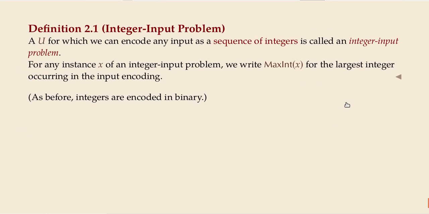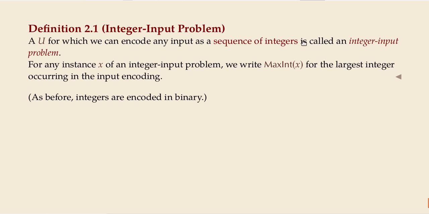The theory of pseudopolynomial algorithms has to restrict problems a bit, namely to those, I'll just call them integer input problems. It's not a coined term that I found somewhere. People are often a bit sloppy about specifying what exactly is the set of problems to which this theory applies. But we need something that's just consisting of integers.